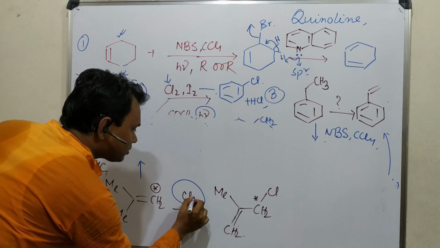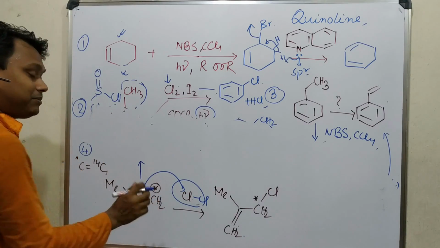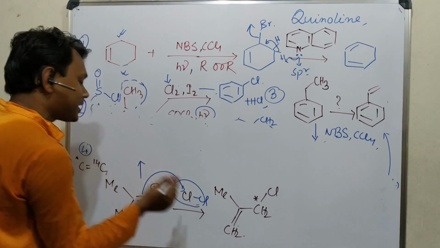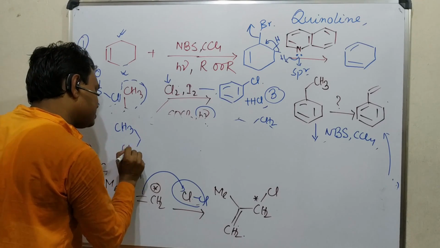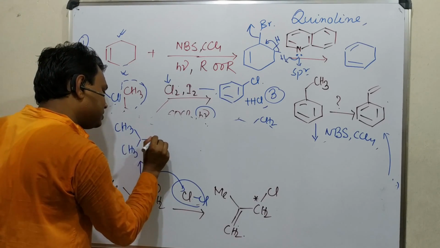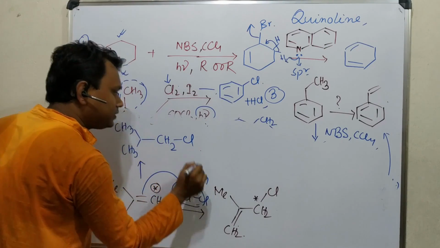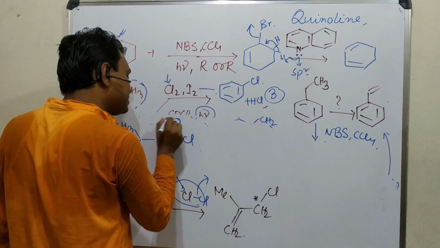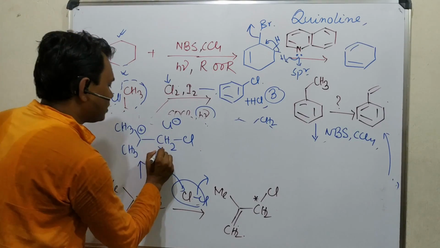How? Chlorine will attack the double bond, and this is radiocarbon labeled in order to prove where the reaction is going on. So this is CH3, this is CH3. Ultimately this CH2Cl, if attacked, it will leave, so it will produce Cl minus and this is plus. Now question, this is the radio one.